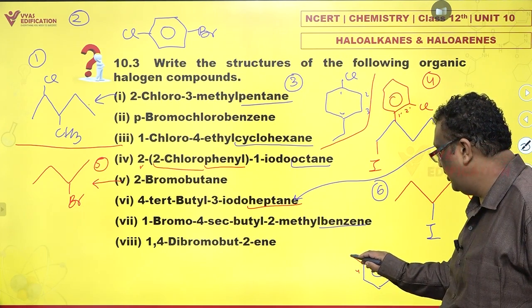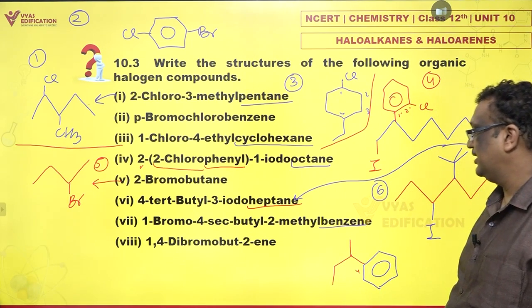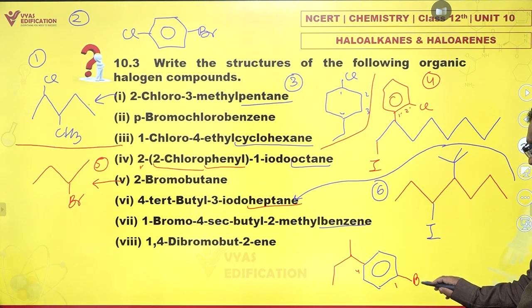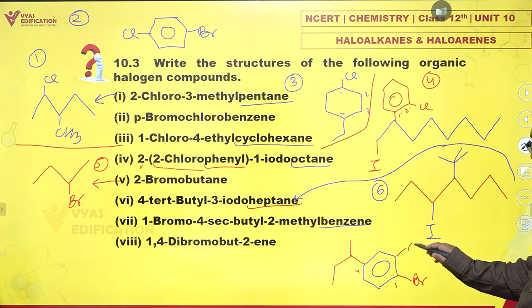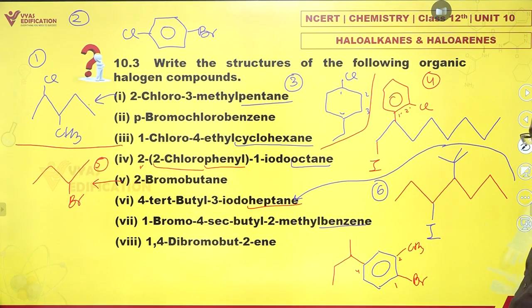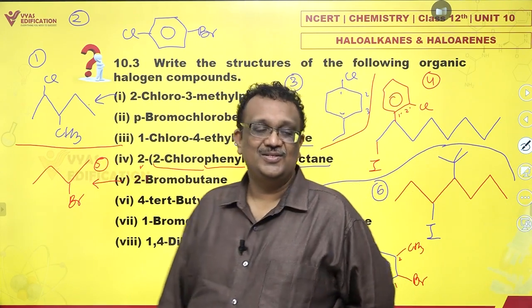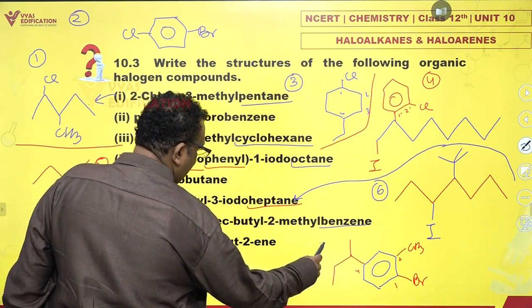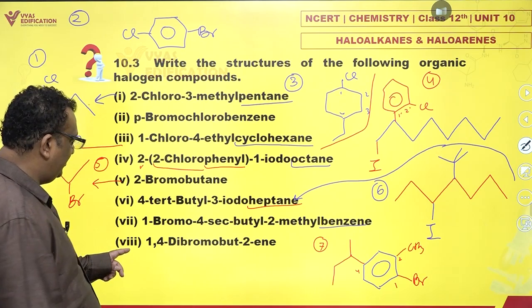I'll just make secondary butyl here. This is a secondary butyl group. If this is 4, this becomes 1. I have bromo here. And I have 2-methyl. Lovely. Right? This is how I draw it. This is 7th.